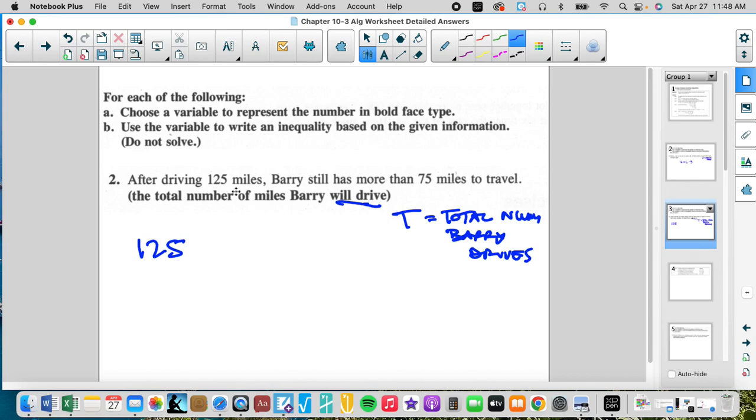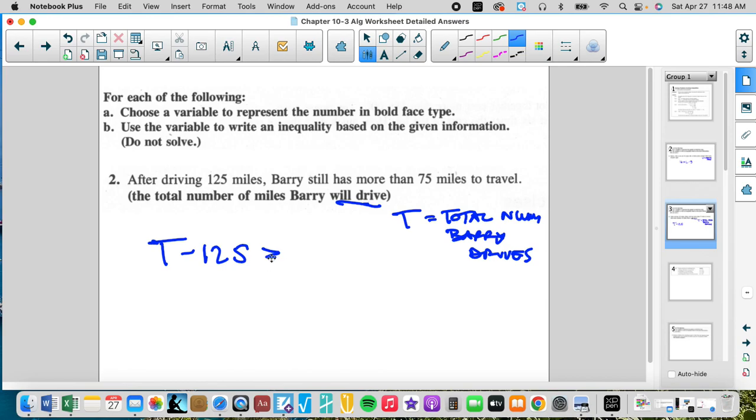So he still has 75 more to drive. So that's after driving. Got it. So this is a little challenging. If T is the total amount of miles Barry will drive, if we subtract the 125 that he's already driven, Barry still has more than 75 miles to drive.